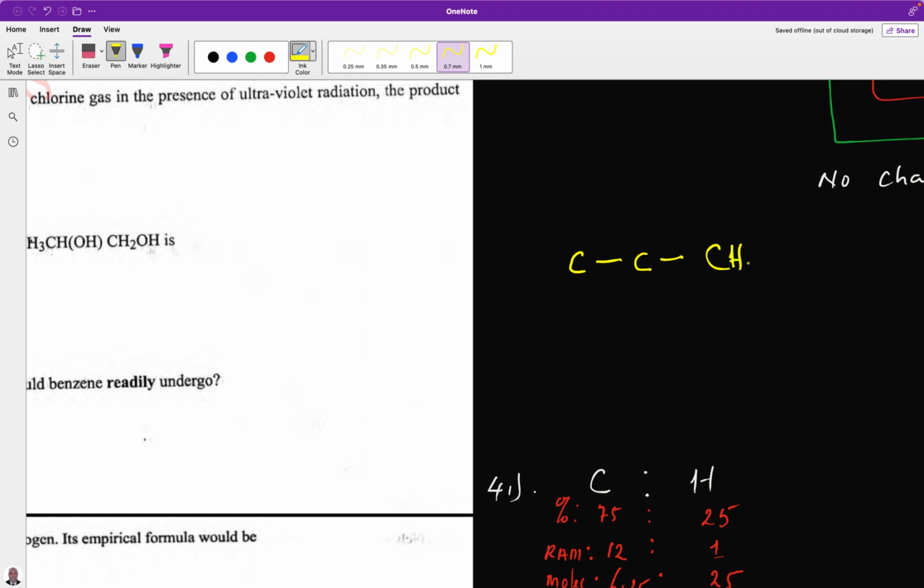We have CH2OH. We are told there is an OH here, and this is a hydrogen.